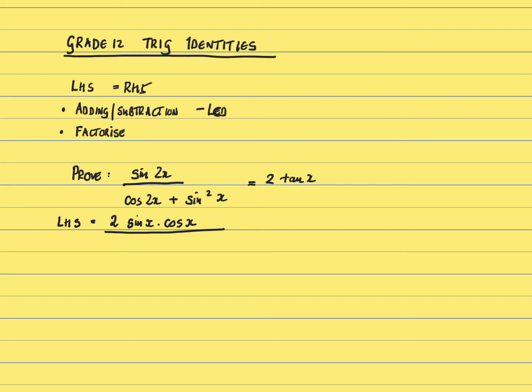So I'm going to rewrite this as cos squared x minus sine squared x plus sine squared x, because then you can see that those are going to cancel, and then cos x will cancel with one of the cos x's, and I'm left with 2 sine x over cos x, which is equal to the tan of x, which is equal to the right-hand side.